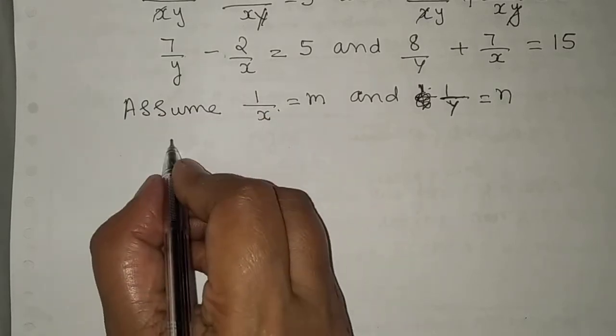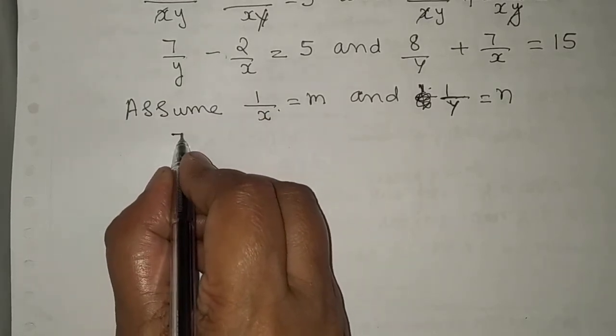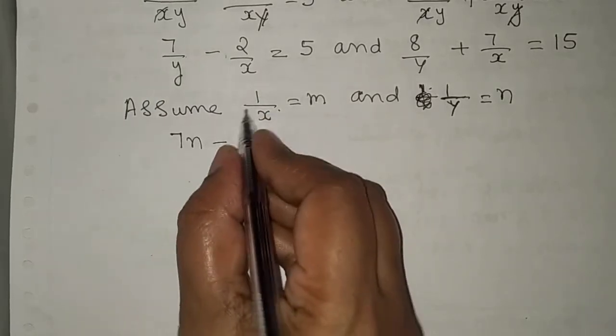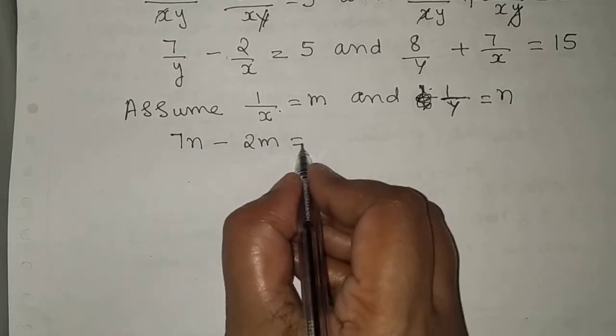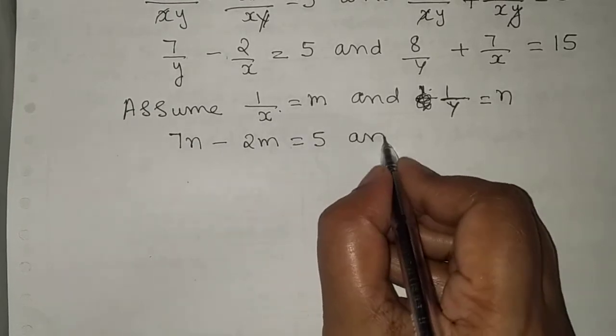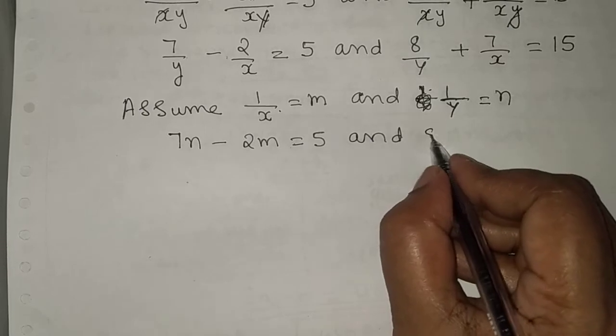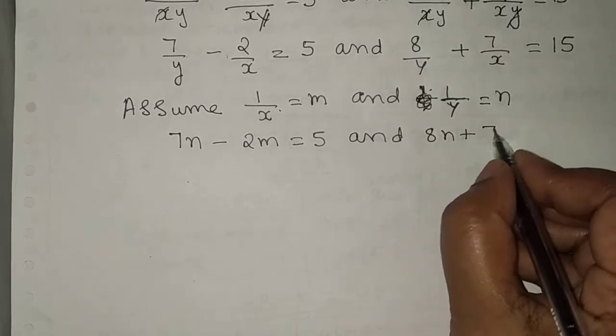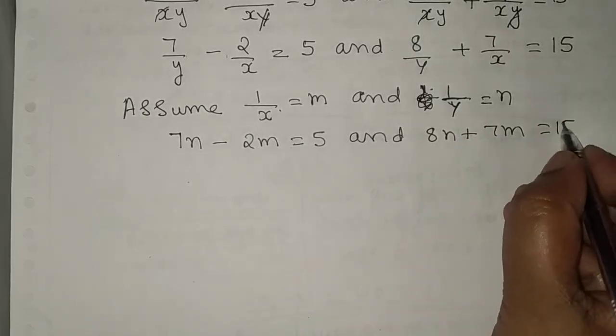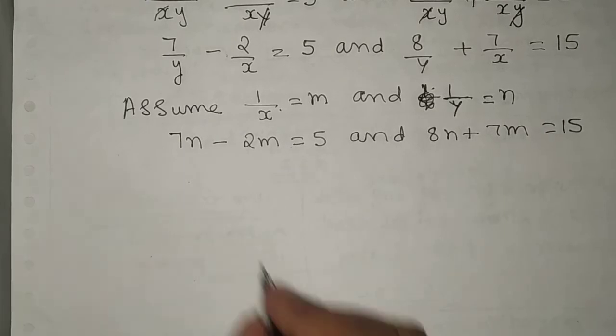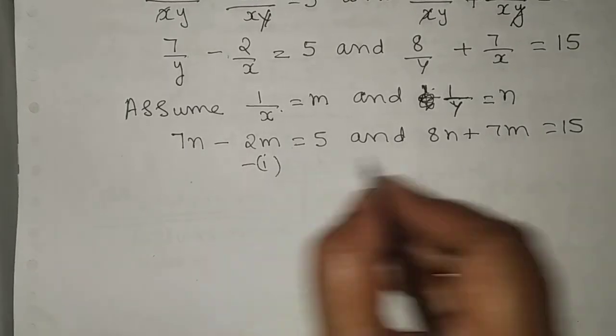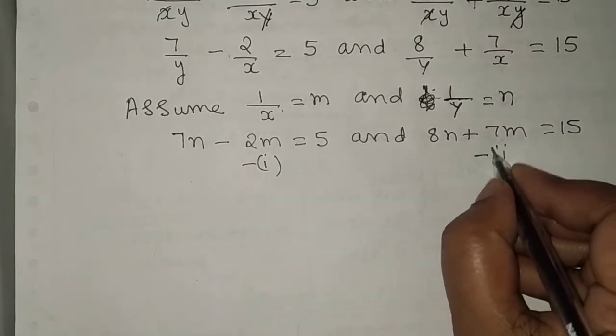Put this in the above equation. We have 7n minus 2m is equal to 5 and 8n plus 7m is equal to 15. This is the given equation. So give this as equation 1 and this as equation 2.